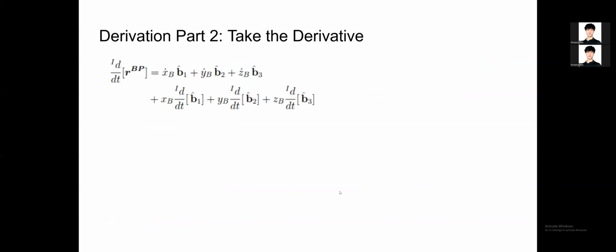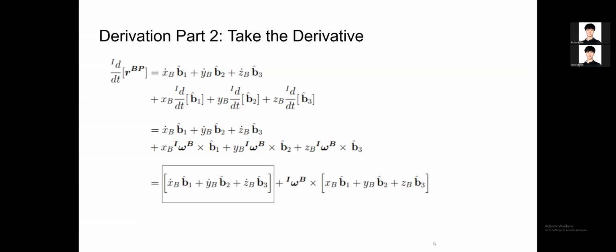So now we can go back to our original derivation and substitute in these derivative of B basis vectors. Since the cross product is distributive, we can group together these terms and we end up with our final equation. Note that this term here is exactly what the person spinning with the B frame sees, right?